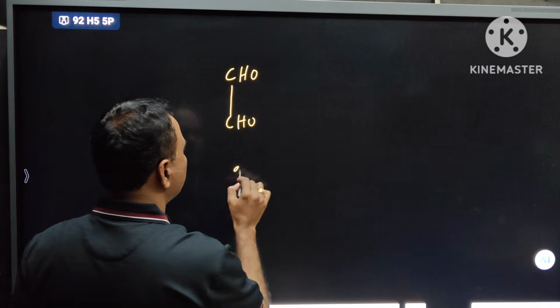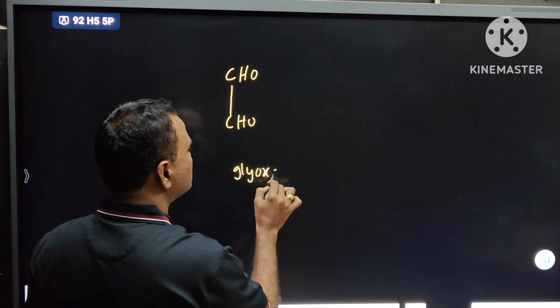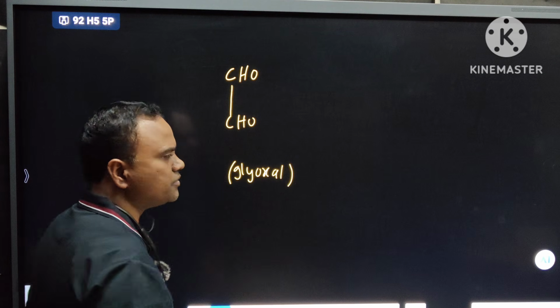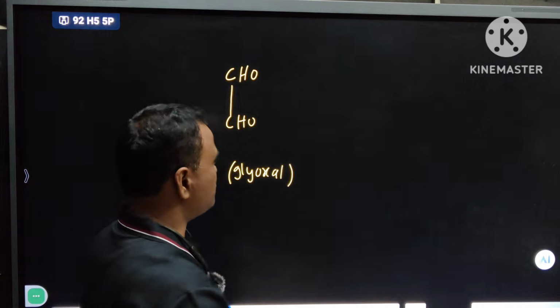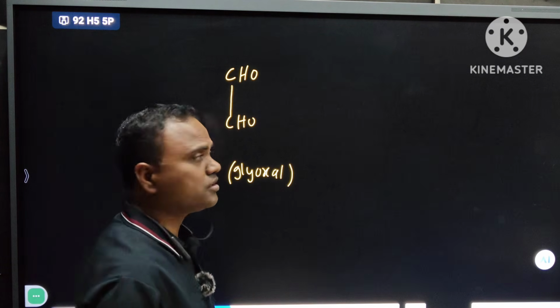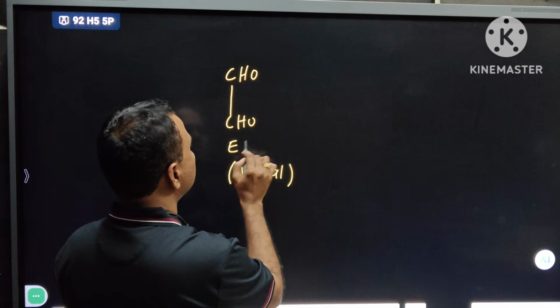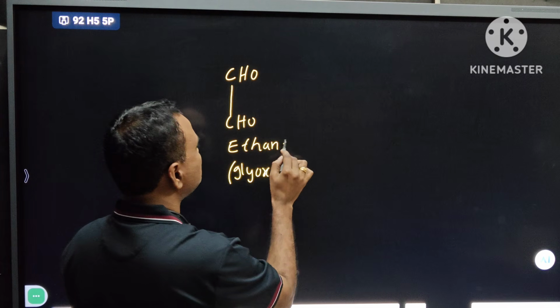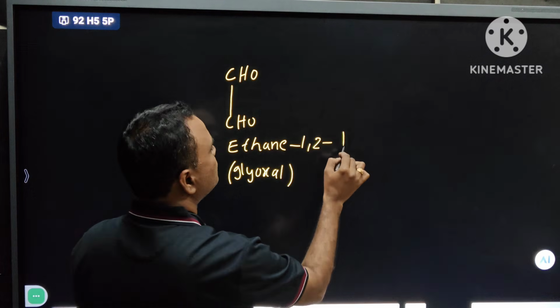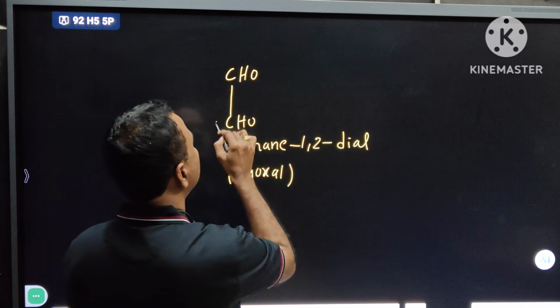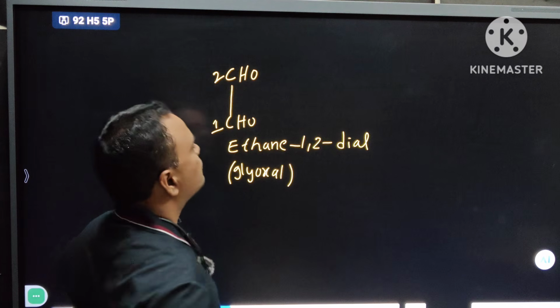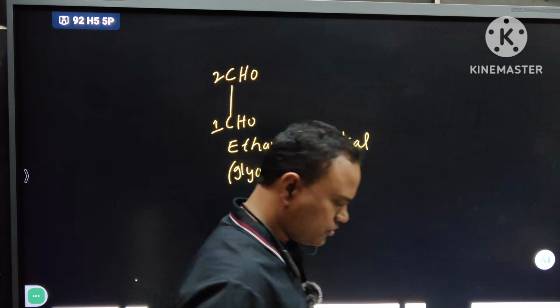Its common name is very important, glyoxal. In second year it will come, glyoxal. In first year also it will come, glyoxal. And the IUPAC name is ethane 1,2 diol, because the functional group carbon is included in the numbering.